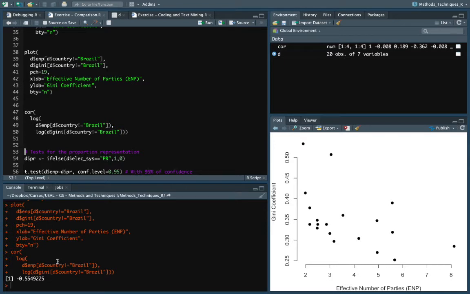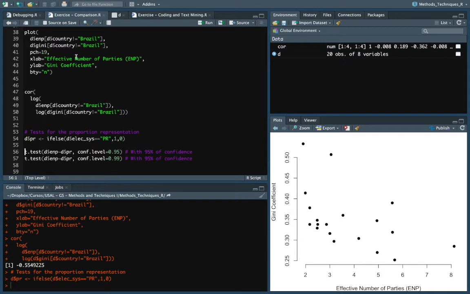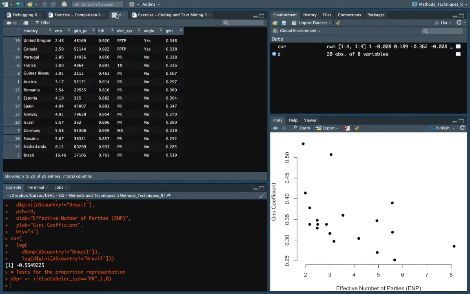For example, here I create a variable in our data set called PR, for proportional representation, and it defines that if the electoral system is equal to PR, it assigns a value of 1, and if it's not PR, proportional representation, it assigns a value of 0. So let's create this and go back to our data set here.